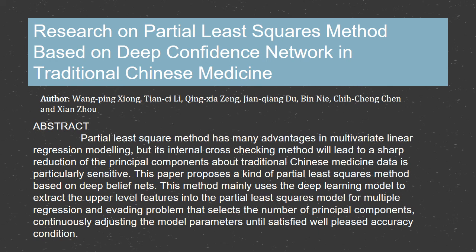This paper proposes a kind of partial least squares method based on deep belief nets. This method mainly uses the deep learning model to extract the upper level features into the partial least squares model for multiple regression, evading the problem of selecting the number of principal components, and continuously adjusting the model parameters until satisfied while improving accuracy.